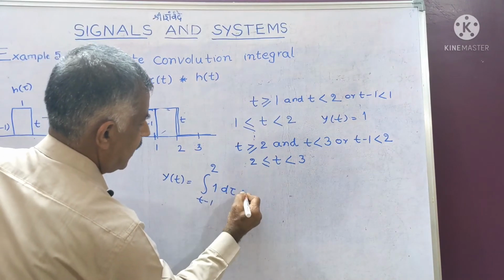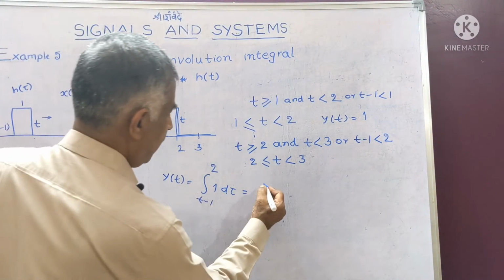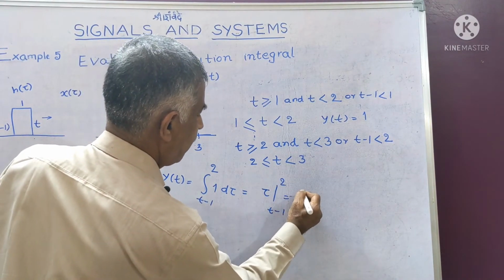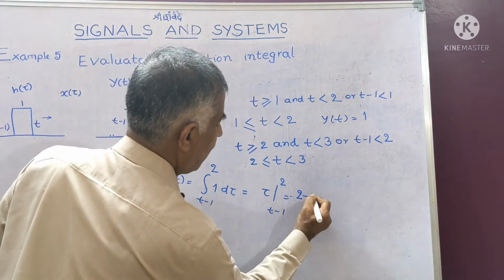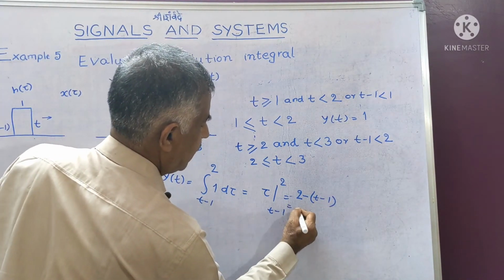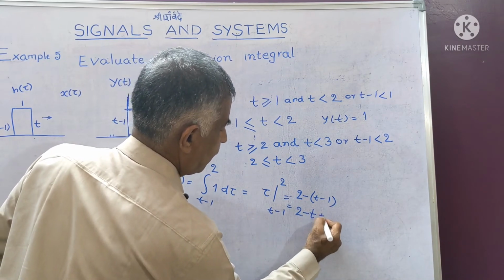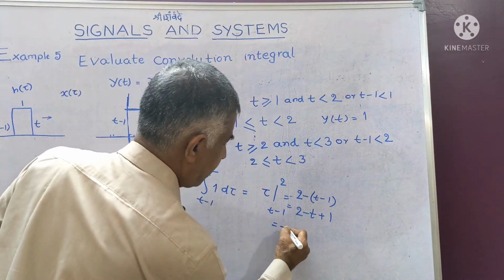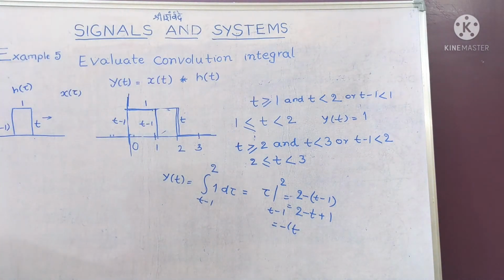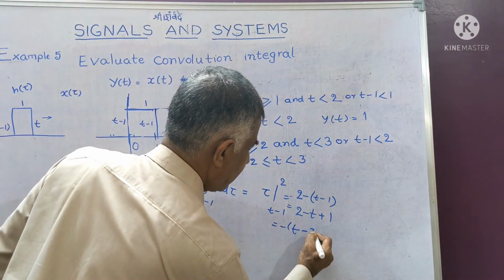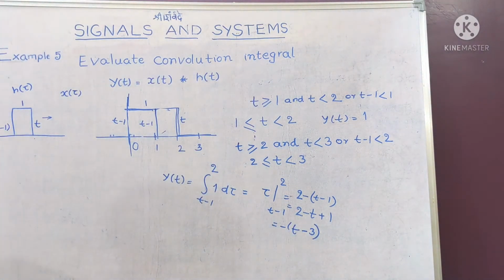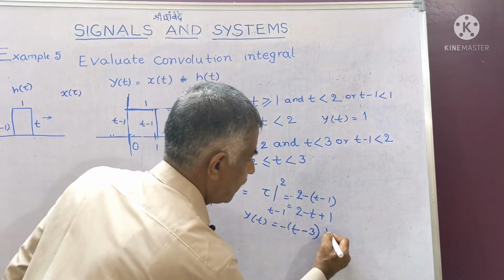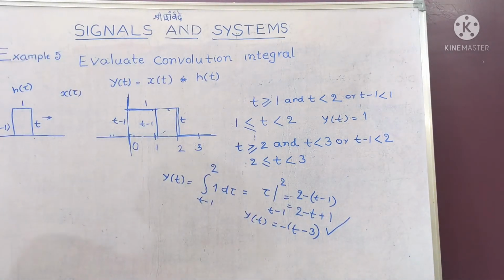That equals tau from t minus 1 to 2, which is 2 minus of t minus 1, that is 2 minus t plus 1, that is minus of t minus 3. At the end I will sketch. This is one of the answers.